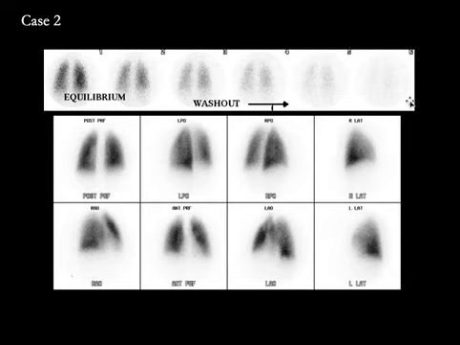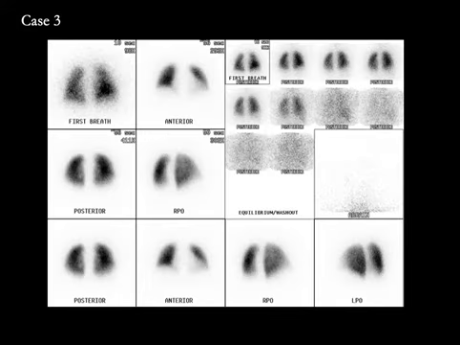With perfusion, we are again using technetium-99m MAA, and we are comparing the posterior view of perfusion to the posterior equilibrium image right here, and they match very well. There are no mismatched perfusion defects. Then like before, we look at the pattern of perfusion. We see a normal gradient of activity in the left lung and also in the right lung. So this is a normal VQ scan using xenon gas and technetium-99m MAA.